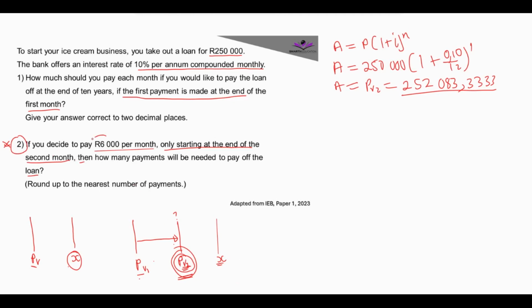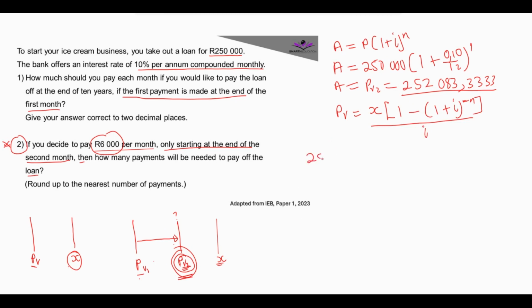Right now, what are we looking for? If you decide to pay 6,000 per month, then how many payments should you make to pay off the loan? So we go back to our present value formula. PV is equal to X, which is the installment, times 1 minus (1 plus i) to the power negative n, all over i. Let's do the substitution.